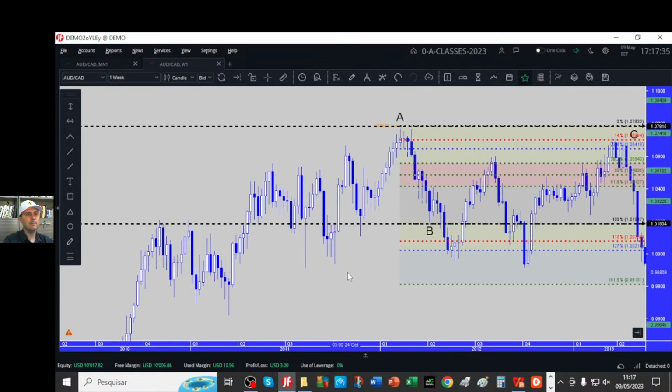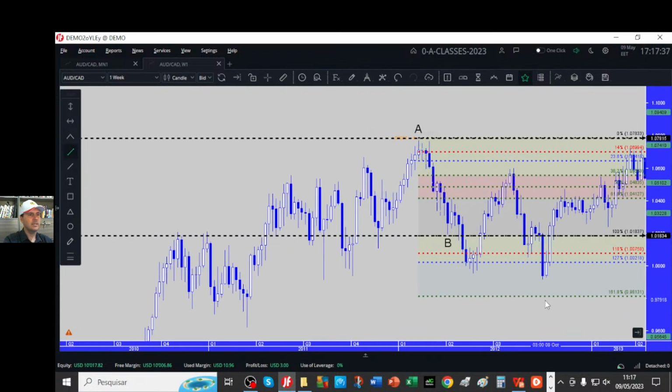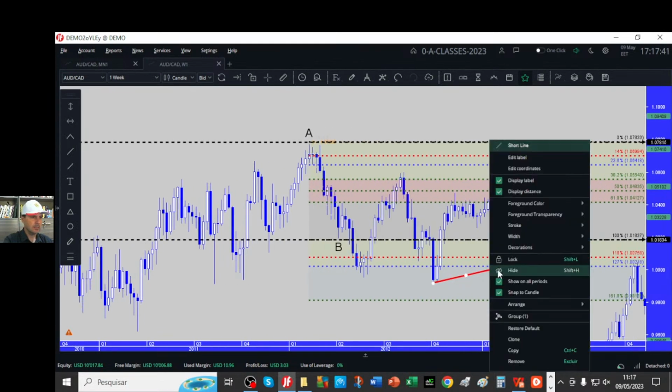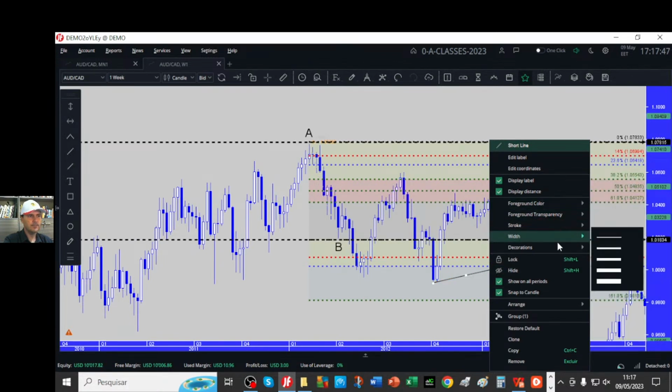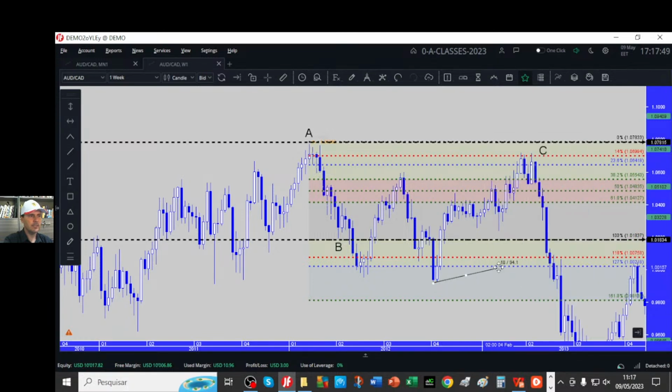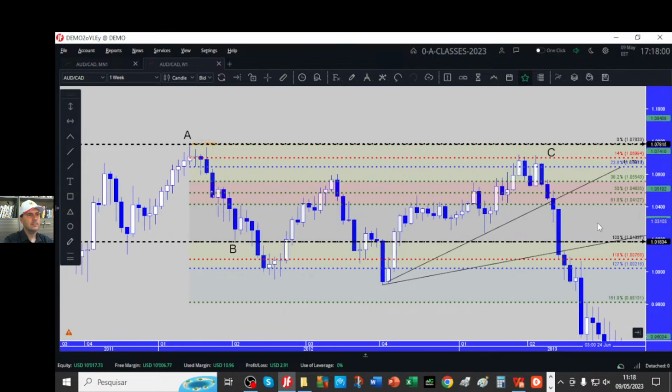So if I am up in here and if I draw a trend line, something like this, and then if I draw another trend line, something like that, right?